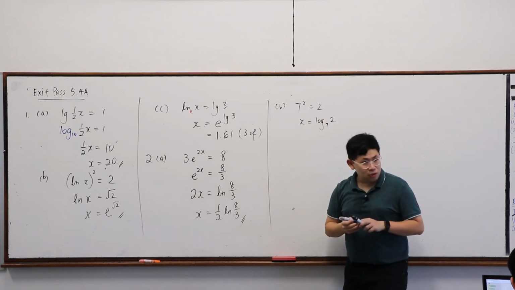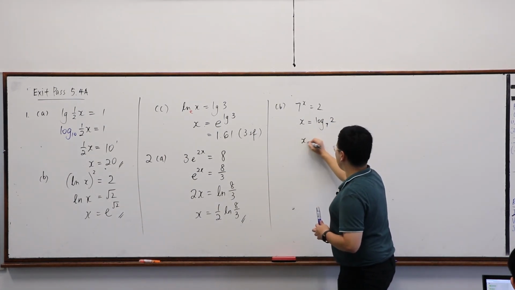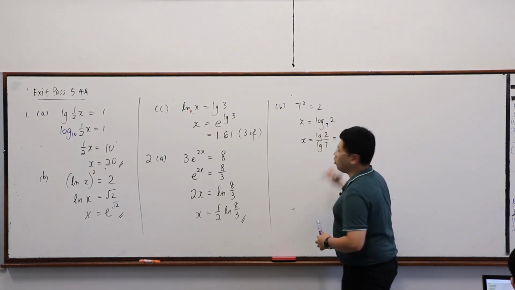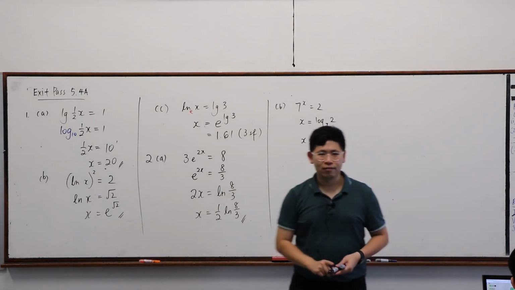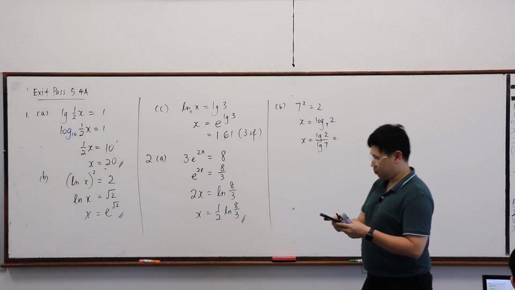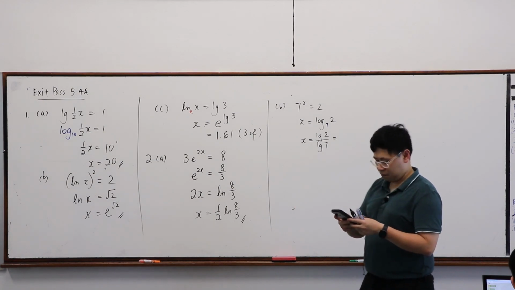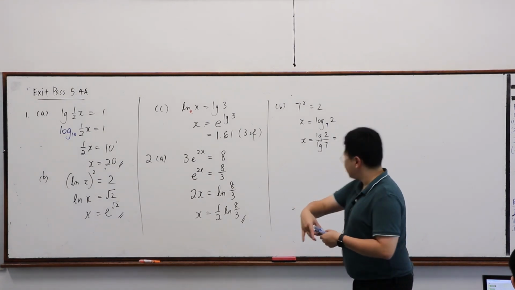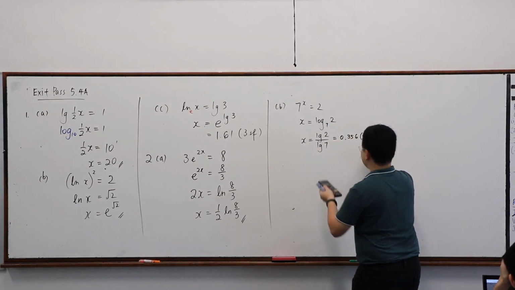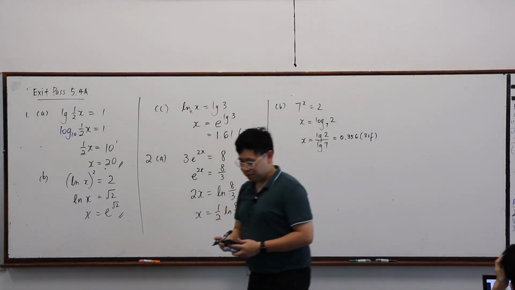Okay, so what is log 27? Log 27, you can change your base to LG2, LG7, or ln 2, ln 7. Then you can evaluate from there. Okay. So this is 0.356 to 3SF. Okay.